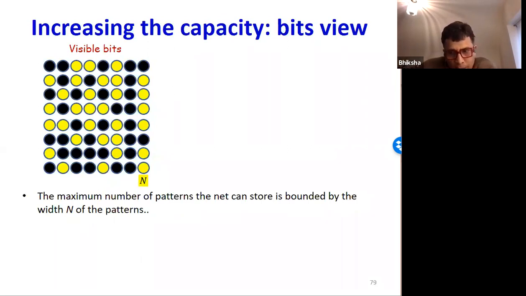To give you a more visual idea, let's say this is my n, and I'm trying to store bit patterns of this kind. The black represents 0, yellow represents 1. So this is a bit pattern that I'm trying to remember, right? If I have only n neurons, I can remember at most n such patterns, even using the optimization approach.